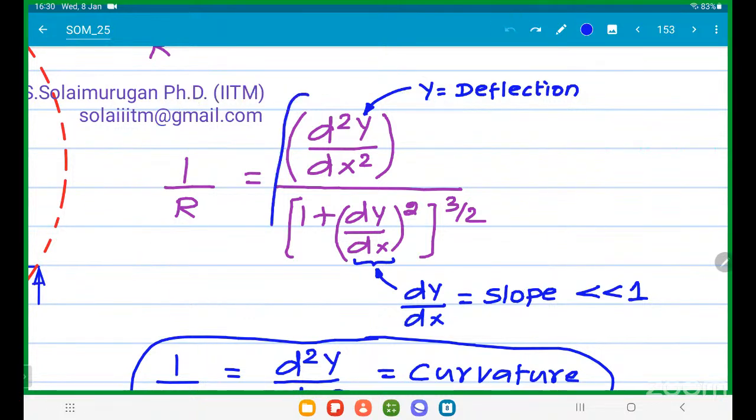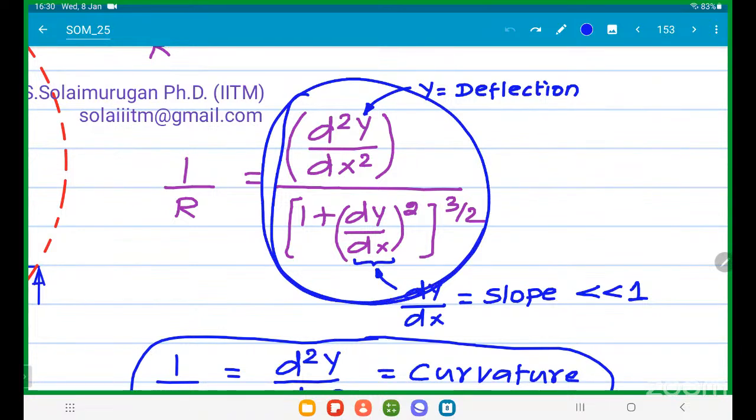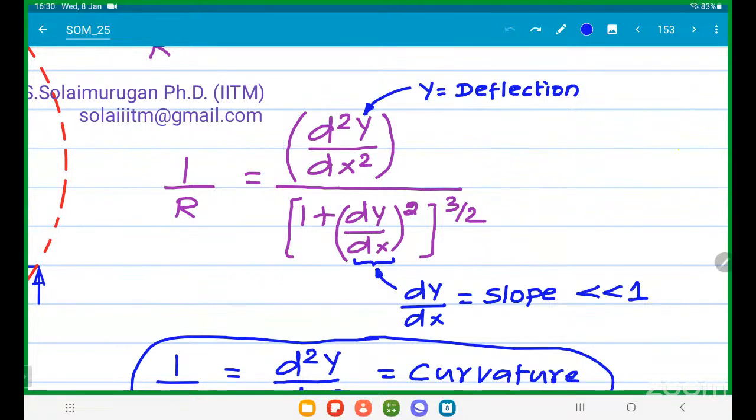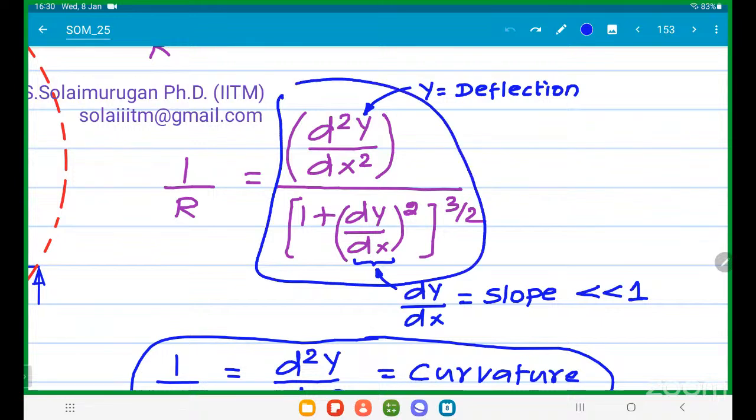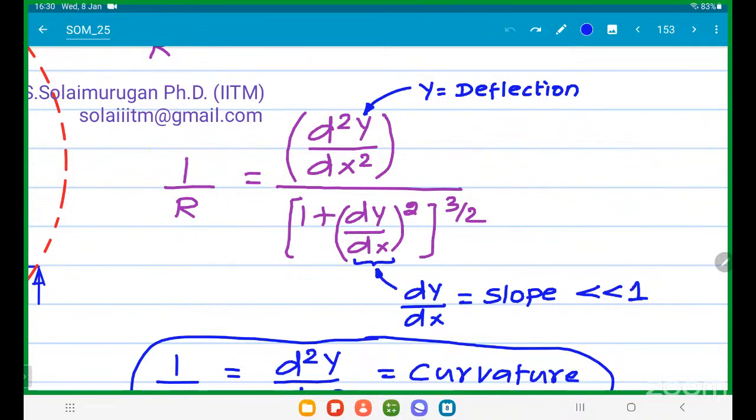So what is the degree? What is the order? That is the question. For that, this is a good example. For finding the order and degree, we are using this example. Actually, this is an equation used for deflection of beams. So this is equal to curvature.